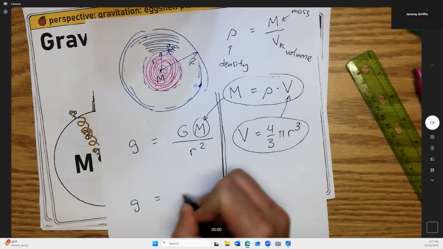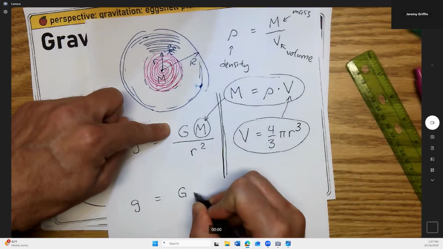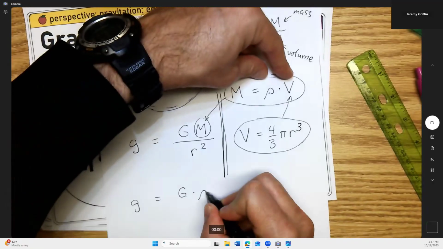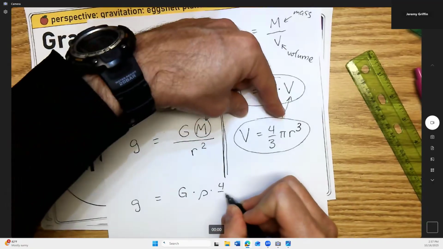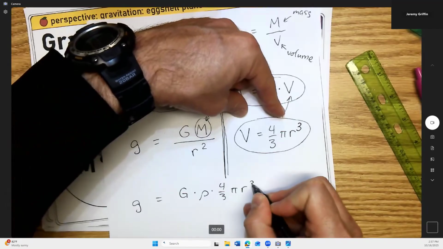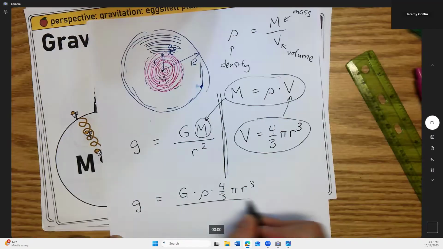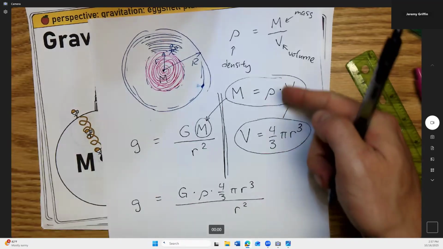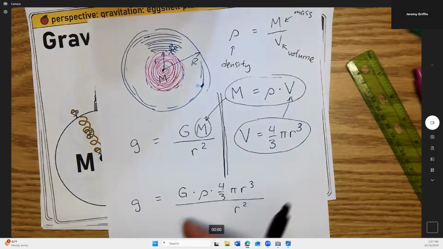So gravity field equals the gravity constant, and m is rho times v, so rho times v, but v is 4/3 pi r cubed. I did a bunch of substitution there, and I'm still dividing by this r squared right here. Substitute this into this, substitute that into that, and then it looks like that.